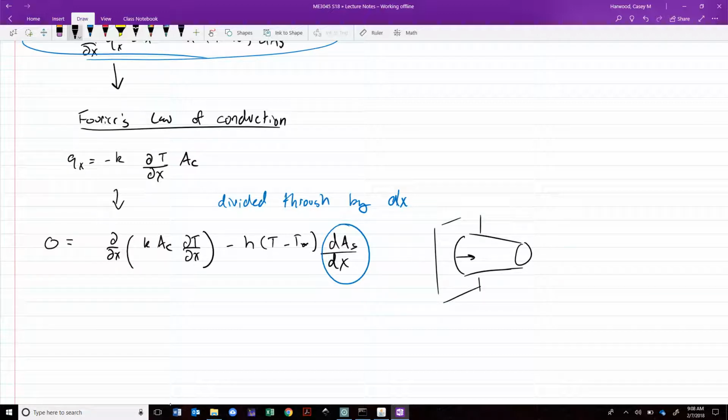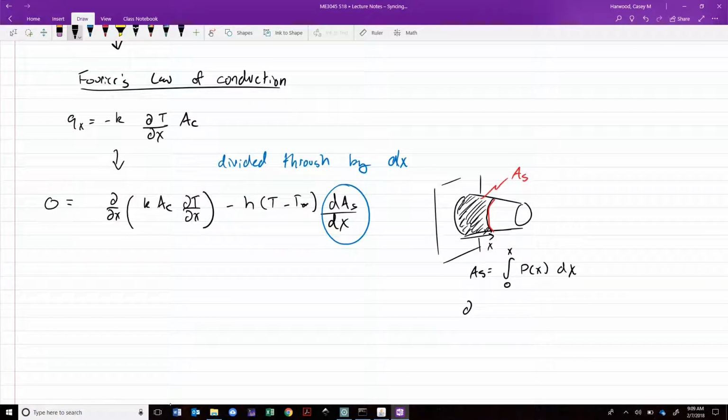If this is x, and this entire exposed area up to that position x is As, we could write that As is equal to the integral from 0 to x of the perimeter of that object times dx.